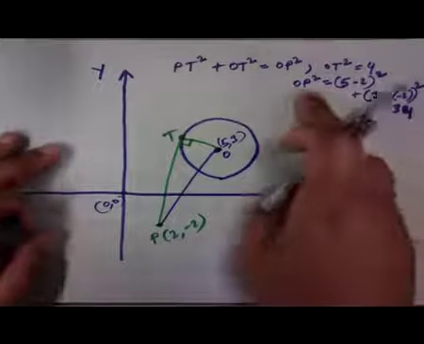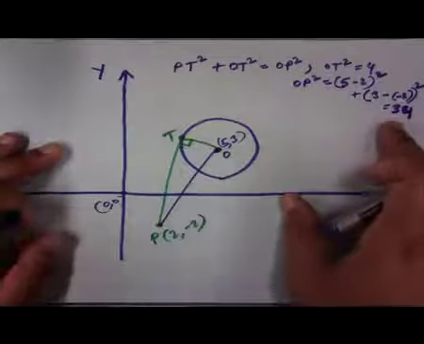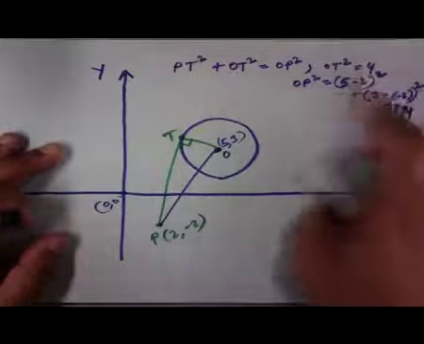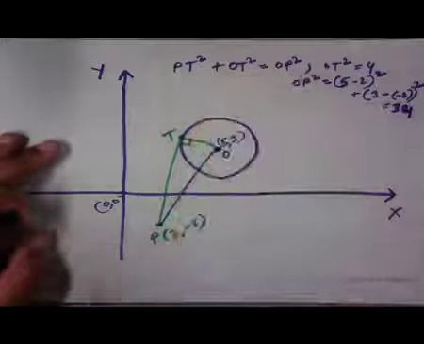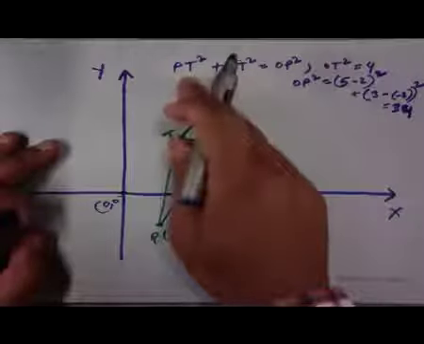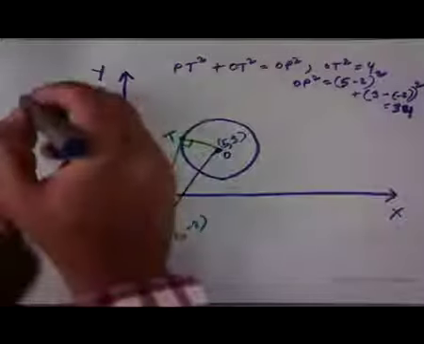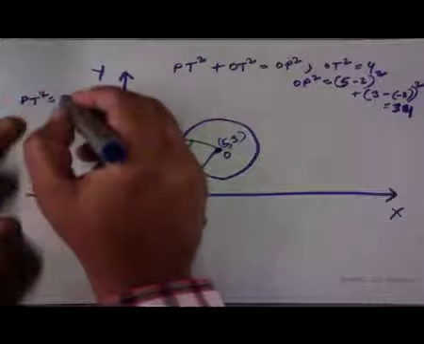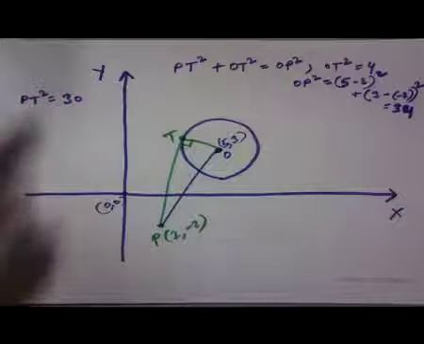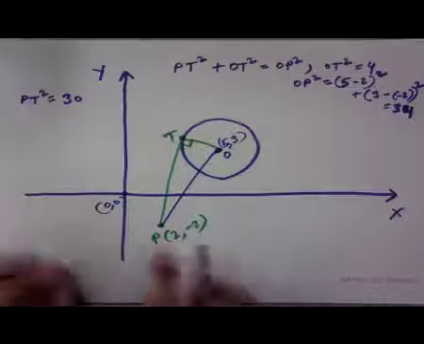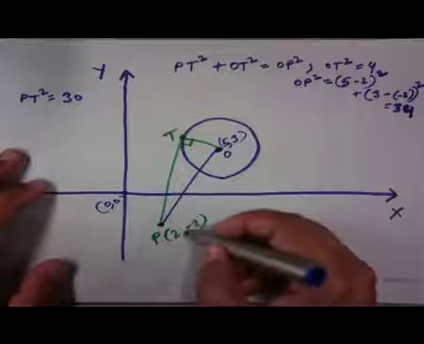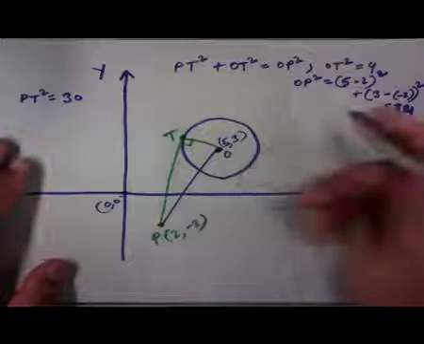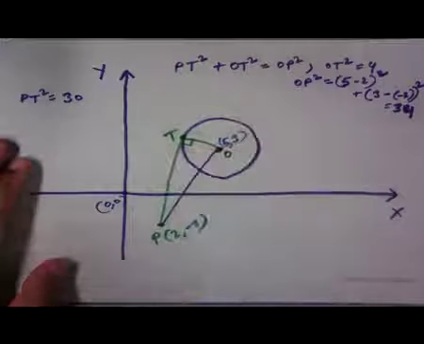And therefore, when we use these two values into this equation, we get PT square equal to 30. So, the power of this point P, 2 comma minus 2, with respect to this circle is 30.